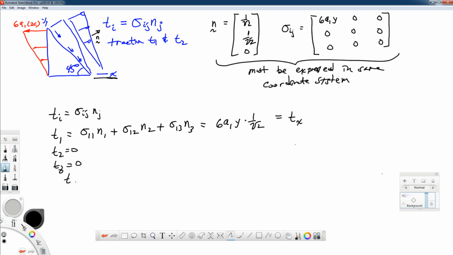So for example, if I want the traction normal to the inclined plane, I'm going to take this vector for t and dot it with n. Now there's only one non-zero component, and so this reduces down to tx times 1 over the square root of 2. Now tx is equal to 6a1y times 1 over the square root of 2. Then I have another square root of 2 from here, and so that's going to end up being 6 over 2, which is 3a1y.